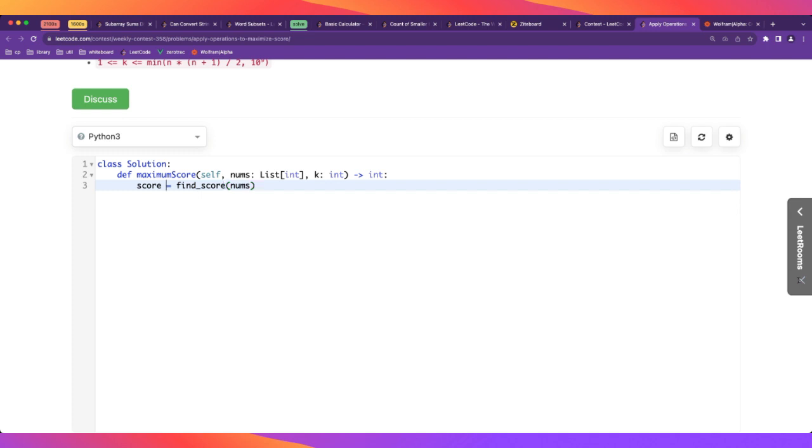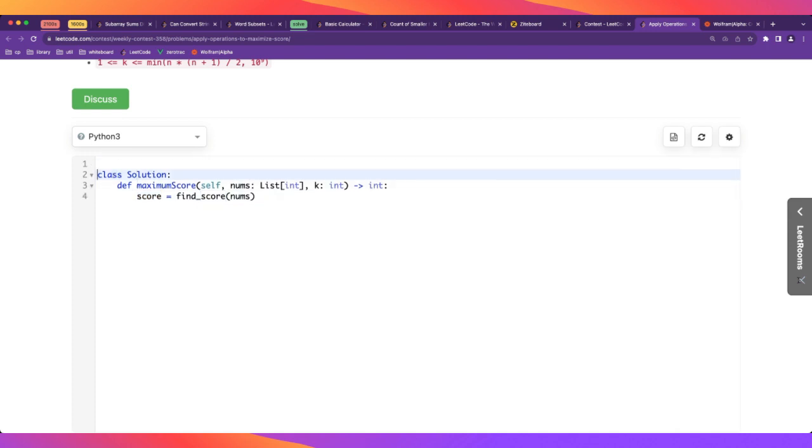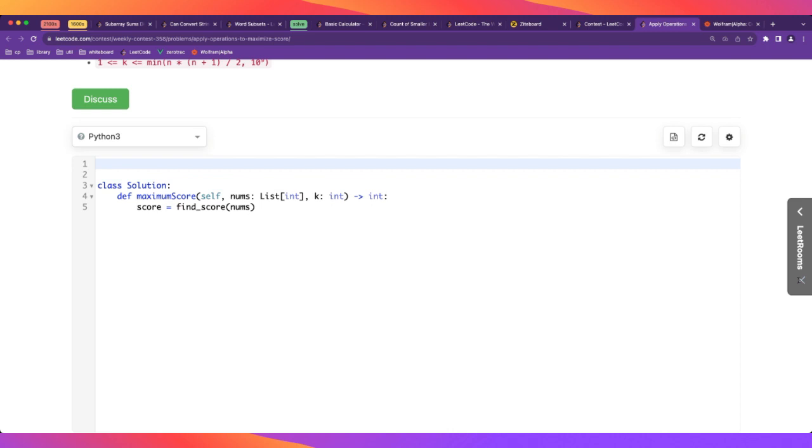So let's write find scores that is going to give us, with a very simple interface, a parallel array with the prime score of each number. And here we can go both ways. We can assume that that's already implemented and go for the main algorithm. I'm gonna start by implementing the prime part.